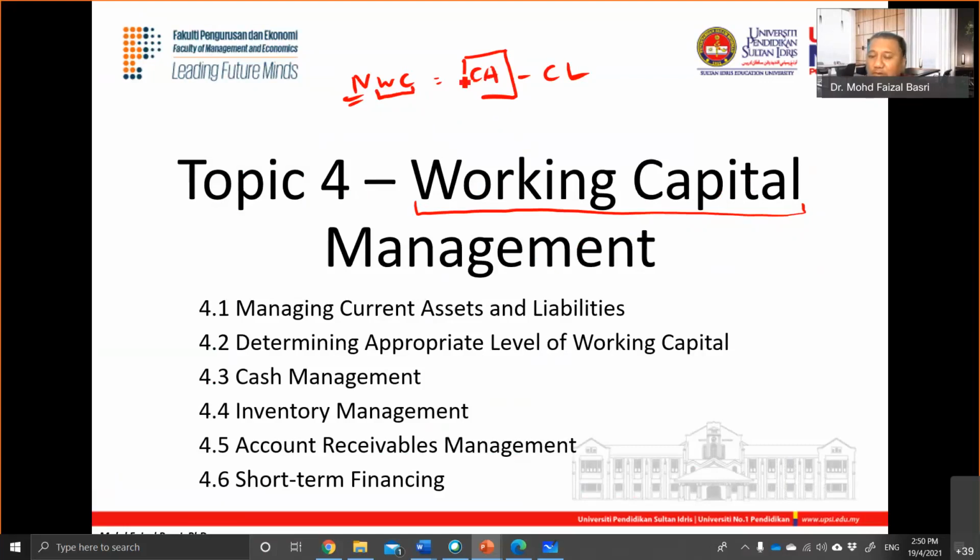Okay, and again, if you recall, in our current assets, we have a lot. Okay, but generally, when we talk about current assets management or working capital management, we are looking at 4 items. Okay, we have cash, 1. We have account receivable. We have inventory.